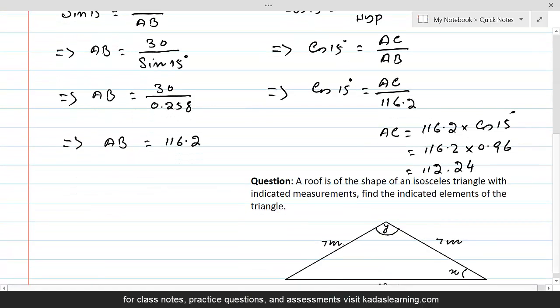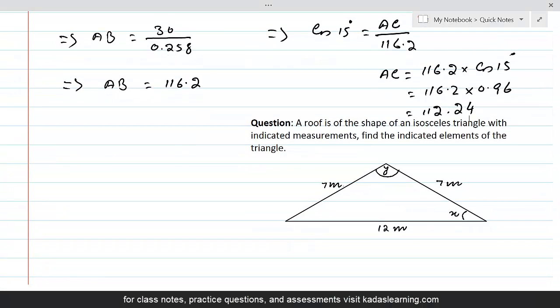Now in the next question, a roof is of the shape of an isosceles triangle with indicated measurements. Find the indicated elements of the triangle. The only indicated elements of the triangle are the angle x, that is the slope, which we will be required to find, and the central angle.